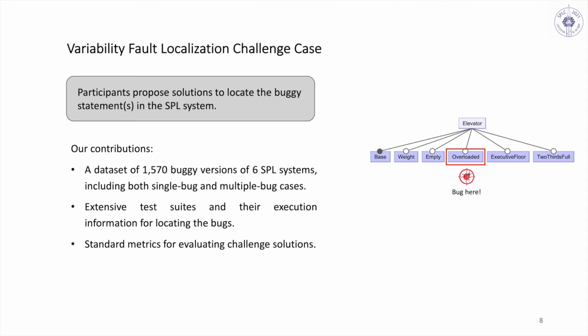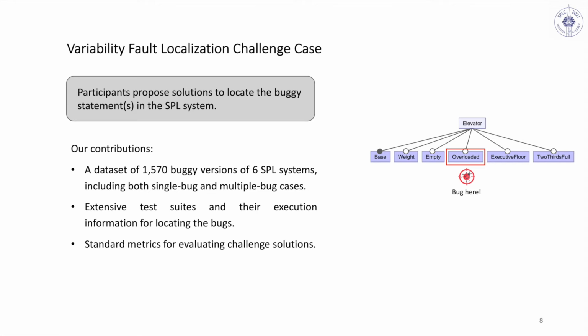It contains extensive test suites, and it includes not only versions containing a single bug, but also versions containing multiple bugs. Proposed challenge solutions should be evaluated using standard metrics that are widely applied in existing fault localization studies.